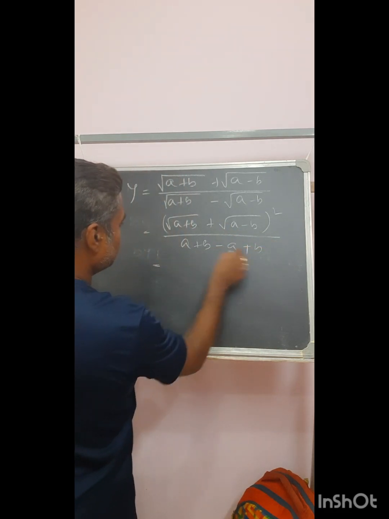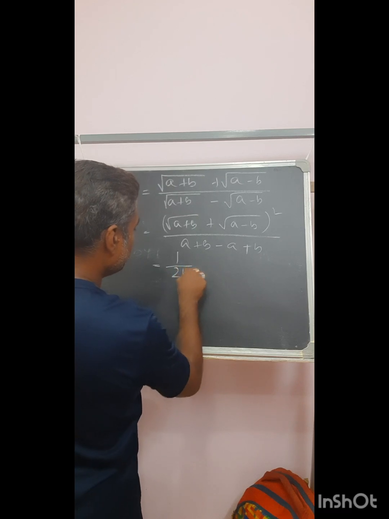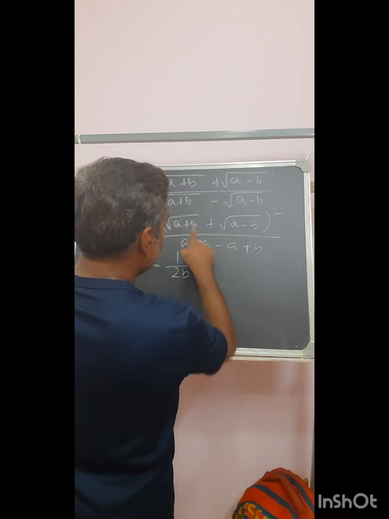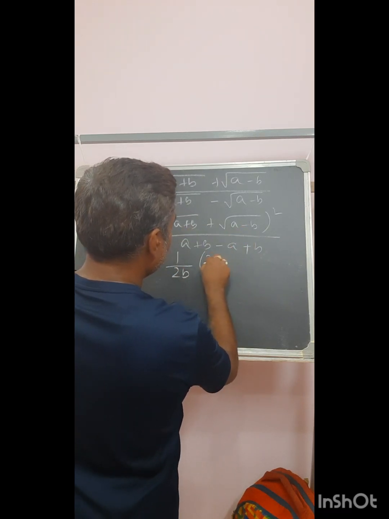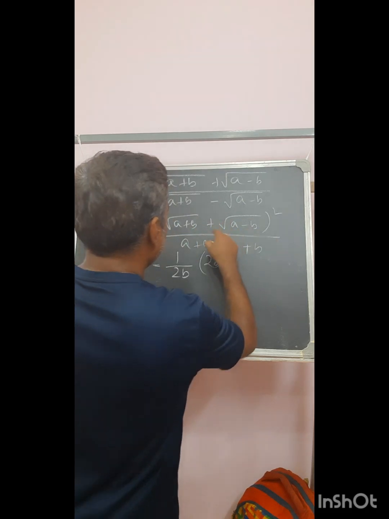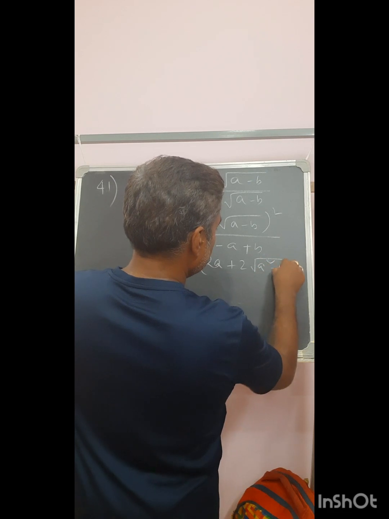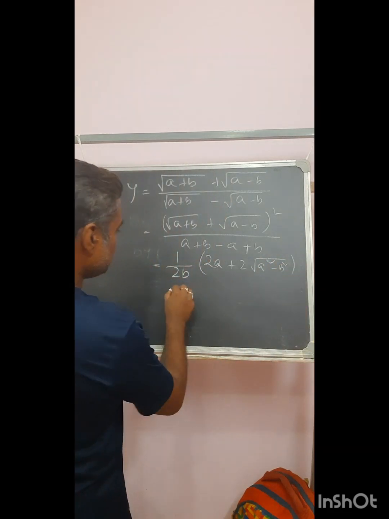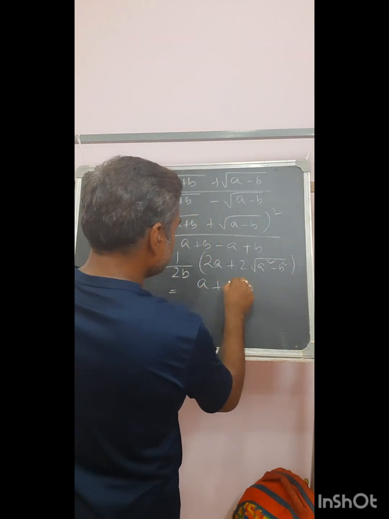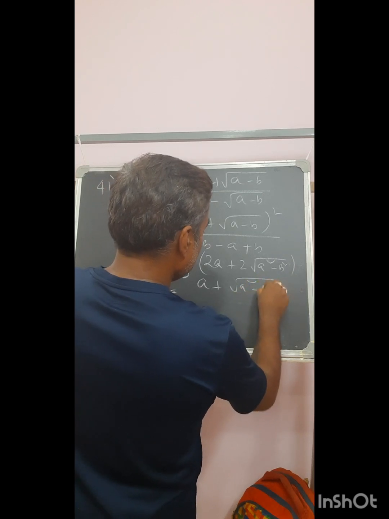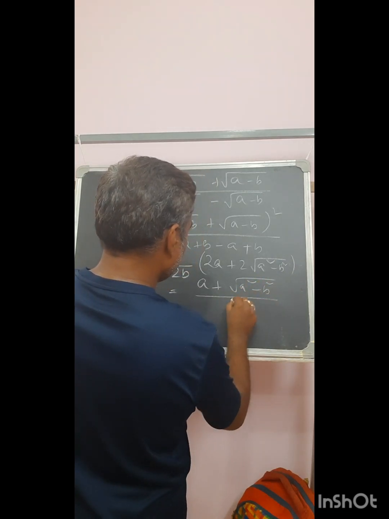So it will give you something like 1 by 2b here, and the remaining, if I calculate, it will give you 2a square plus 2 into a square minus b square. So 2 will be cancelled out, a plus square root this one by b.